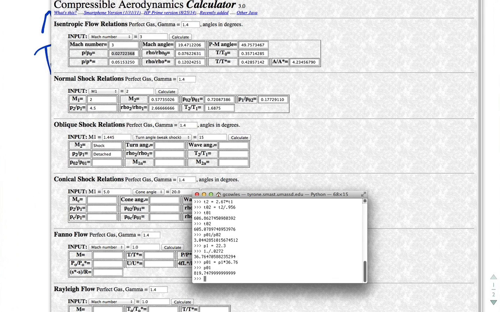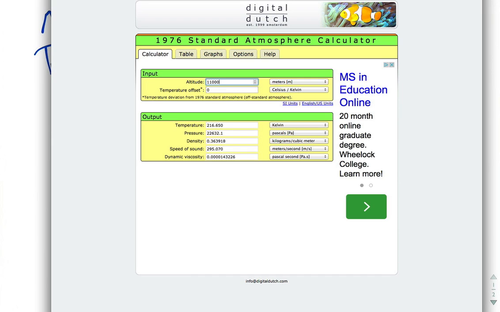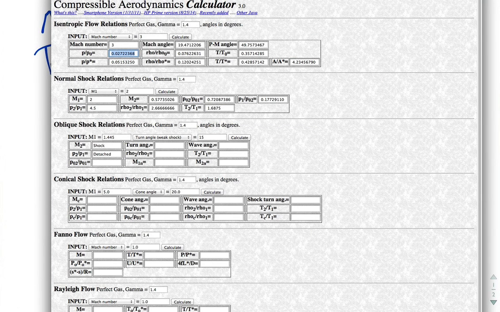I'm getting a stagnation pressure of about 819. That can't be right. Hang on one second. P1 was, one second. Pressure was 22,632. I had the wrong number.